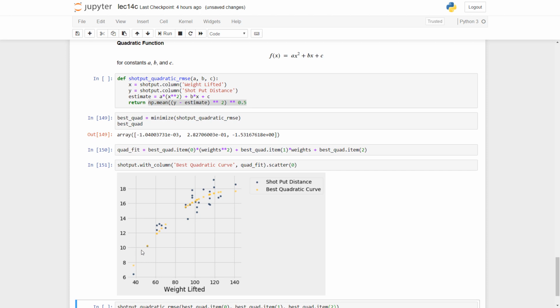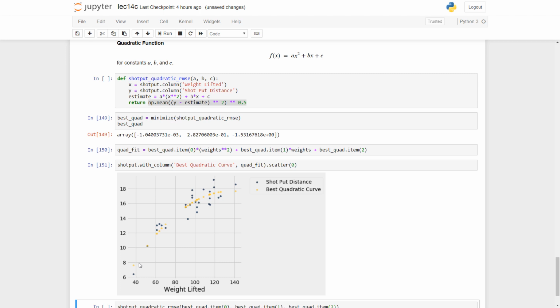So now the gold points here are coming from the quadratic function, which is the best among all the possible quadratic functions, which means that it is the one that minimizes the root mean square error. Now you see that it is good here, it is also kind of good here, very good here, and a bit better than the linear function here.